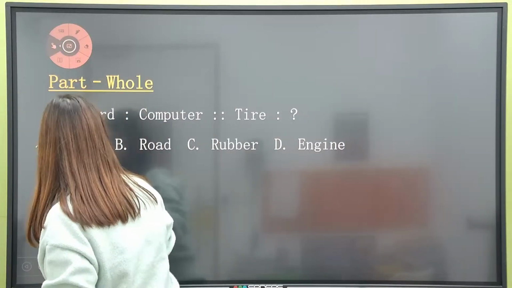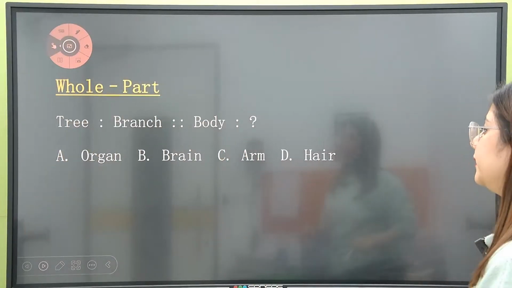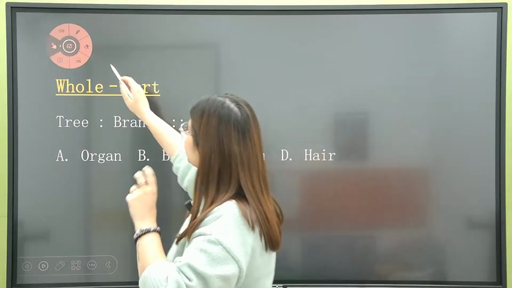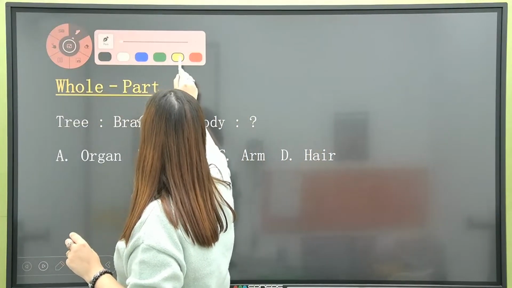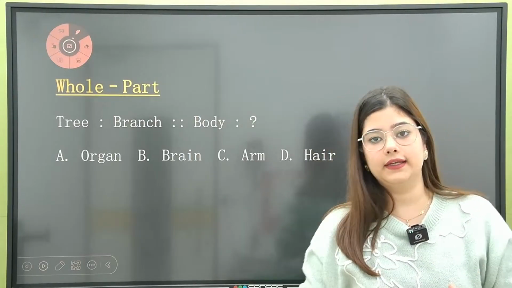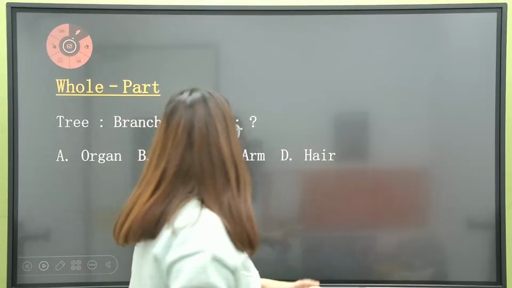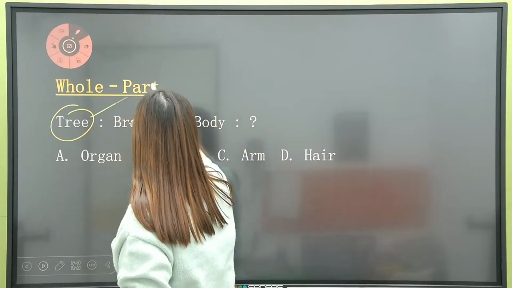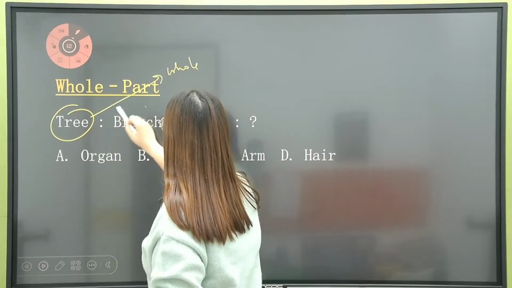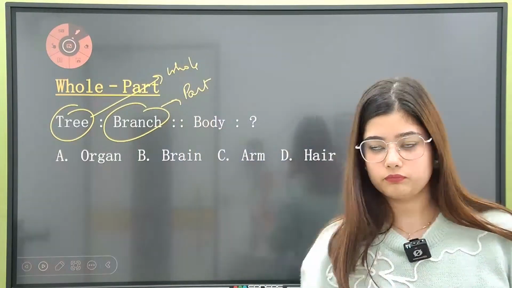The reverse could also be asked, whole to part, where the first word of the pair represents the whole object, the whole entity, and the second word represents a part of that entity. So here, tree represents a whole object and branch represents a part of that entire object.